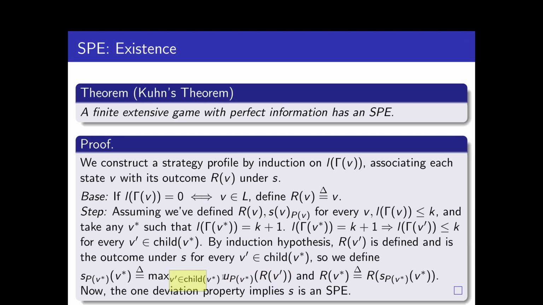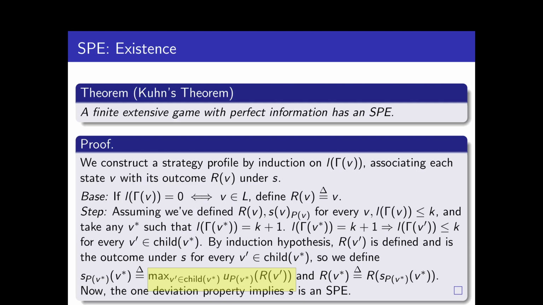So we look at what happens at each of the possible children, and at each of the possible children, we look at the outcomes from the point of view of the utility of this P at V star, and we maximize that utility. So you choose the child that maximizes your utility under the assumption that they will continue acting by this S.